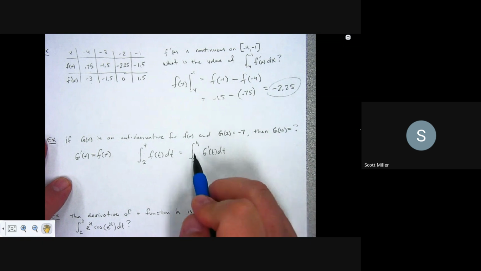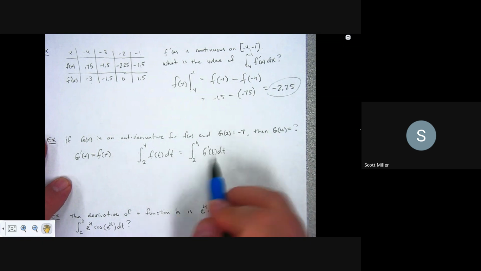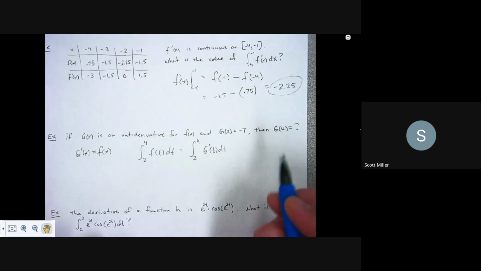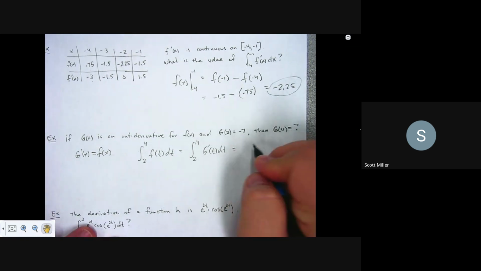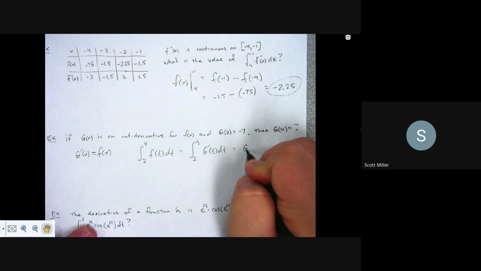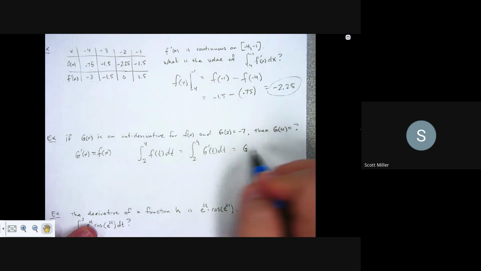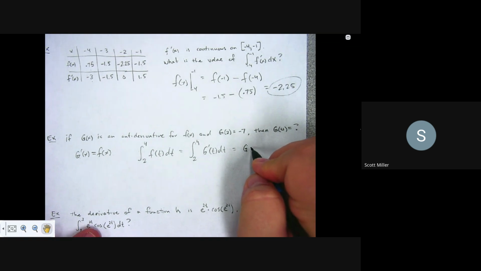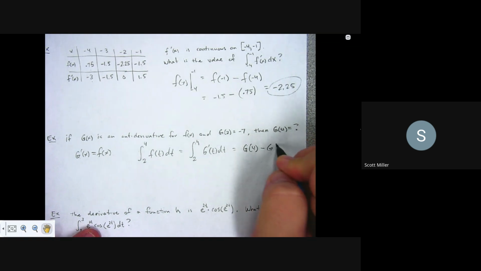And that gets this integration of a derivative in place, visible, so you can use the fundamental theorem of calculus, which says this is simply going to be the antiderivative of g prime, which is g, at 4 minus g at 2.